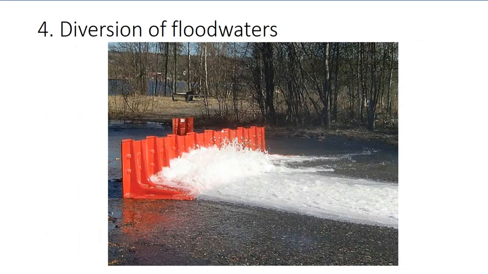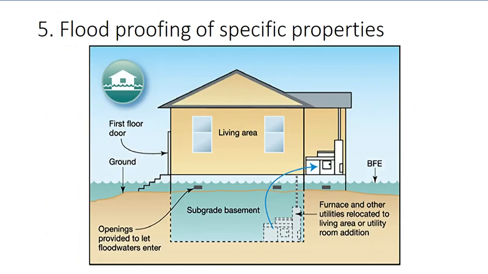Diversion of flood waters. So through a flood bypass, which may return the water to the same channel at a point downstream or deliver it to another channel. So we can use diversion of flood waters, or in this case flood walls, for diversion works. Flood proofing of specific properties.